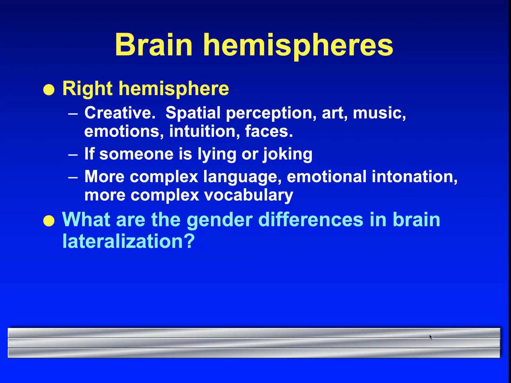Here's an example: when males have a stroke on the left brain, they are three times more likely to lose the ability to speak. Females who have a stroke in the language center in the left brain are much more likely to be able to get speech back. They can pull in the other hemisphere more. So we do see differences; males tend to be a little more lateralized.